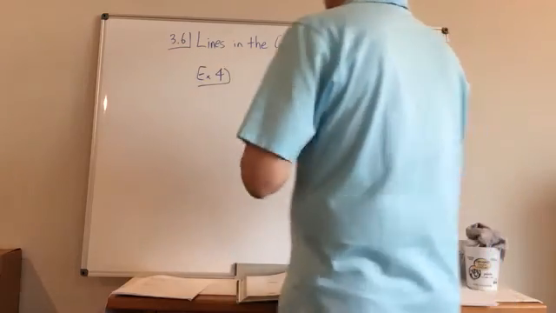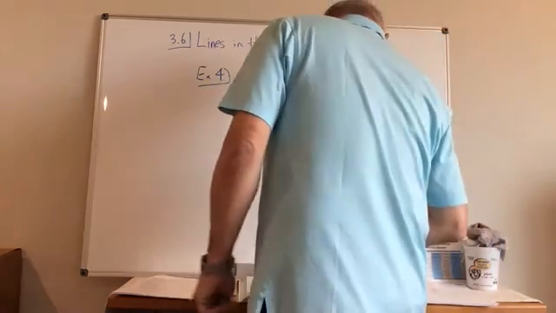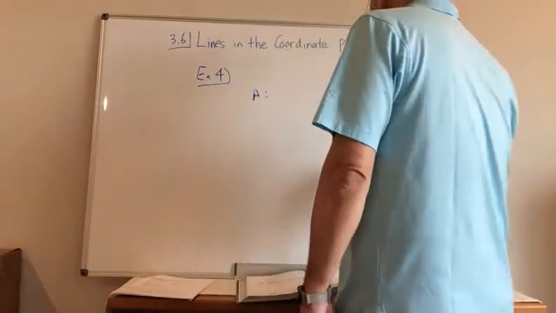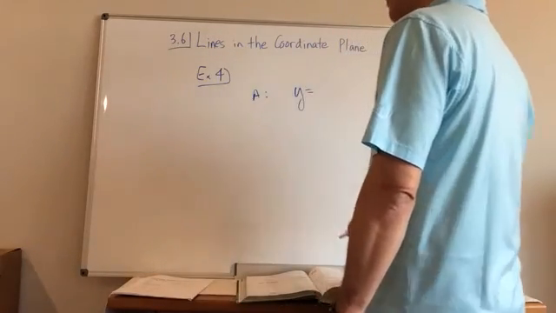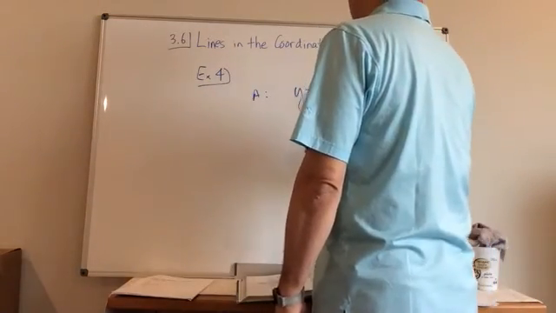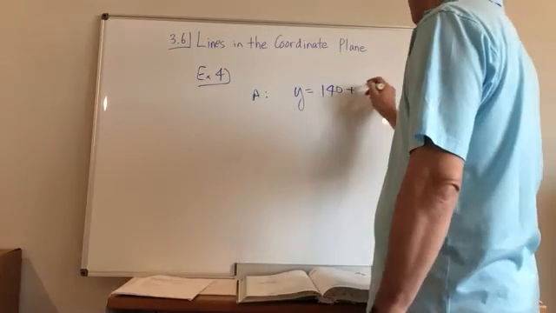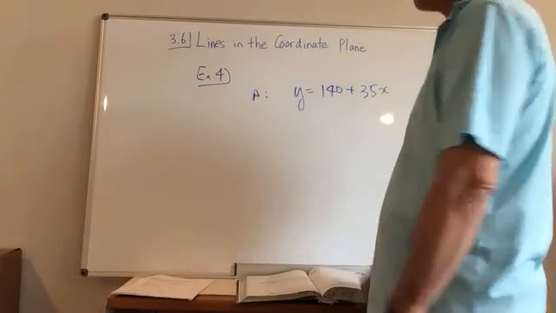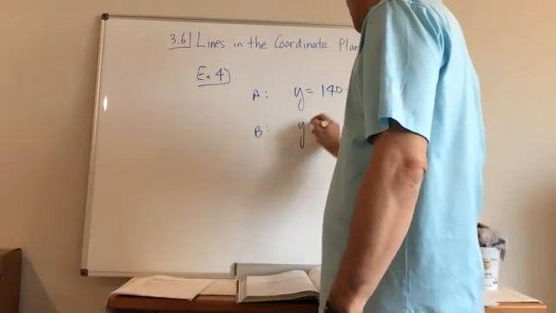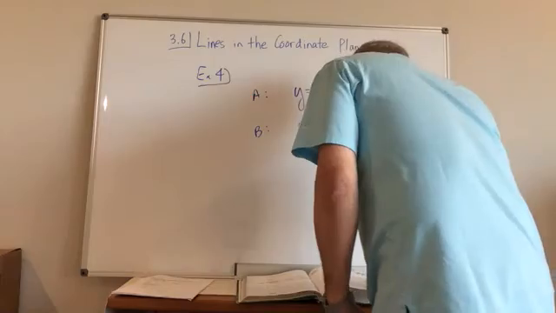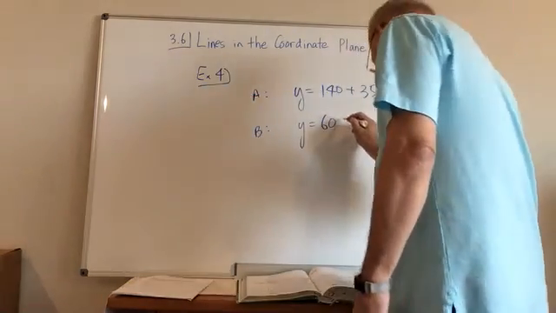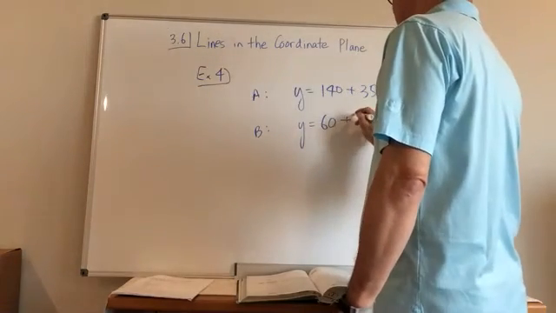So in plan A, my total cost, we call it y after x months, is going to be what? I have to pay the $140 right off the bat, and then every month I'm going to pay $35, right? But for plan B, my total cost is going to be what? My initial enrollment fee is $60, but I'm going to pay $55 every month.